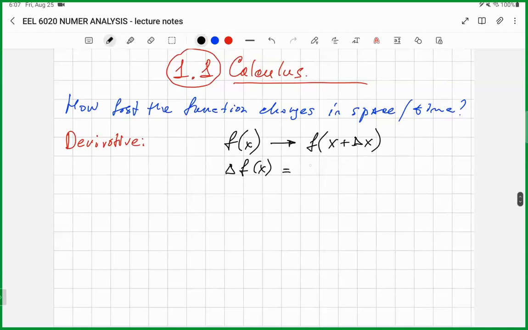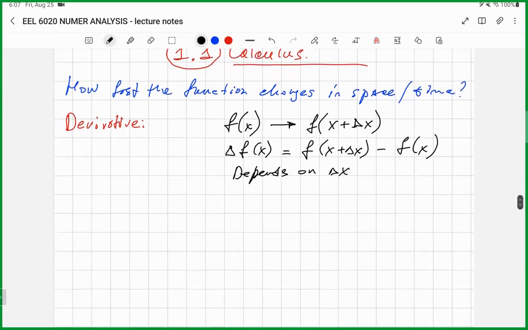By definition, it will be f(x plus delta x) minus f(x). So I basically take the final value of the function and subtract the initial one. But of course, this depends on delta x. The larger I take this delta x, the stronger this change.